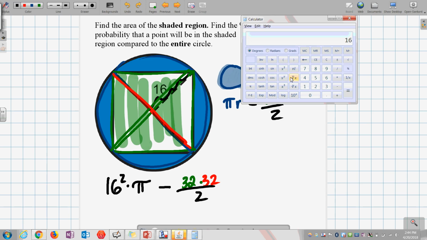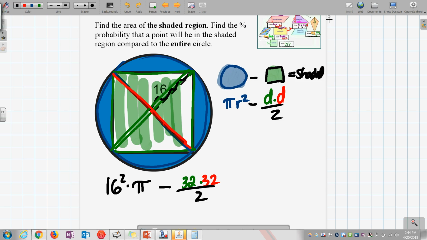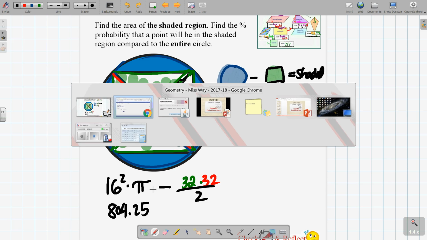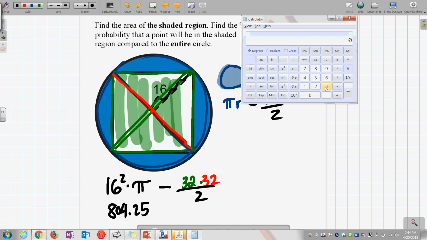First one, 16 squared times pi, 804.25. This one, I'm going to go 32 times half of 32, which is 16. 512.